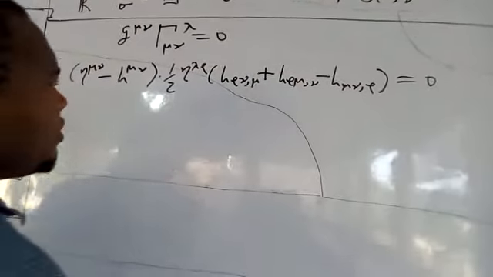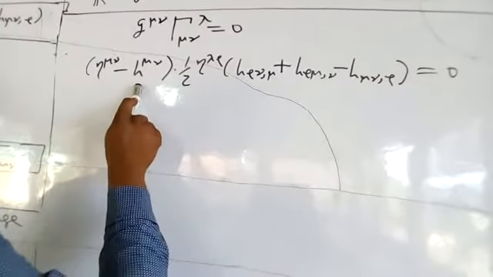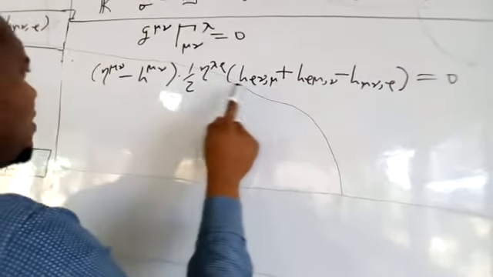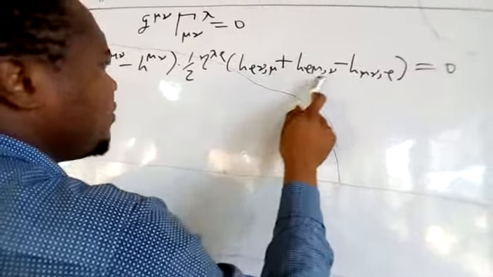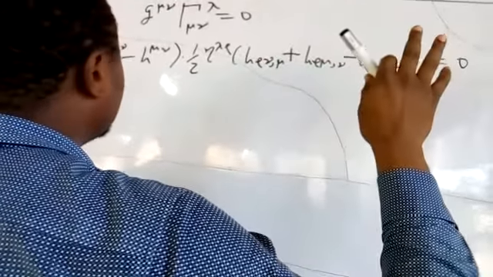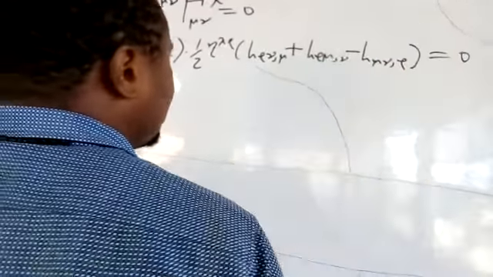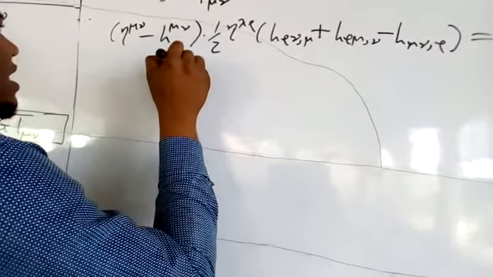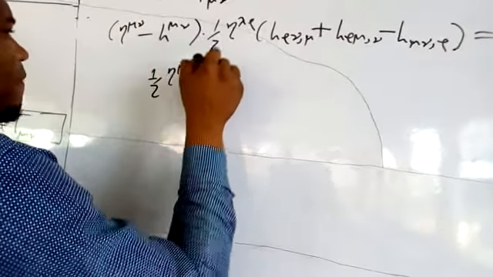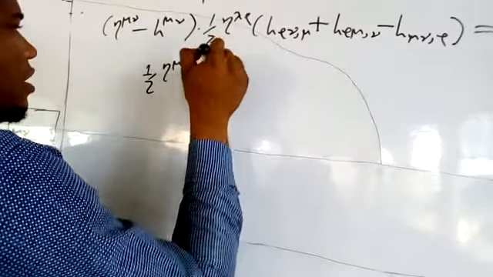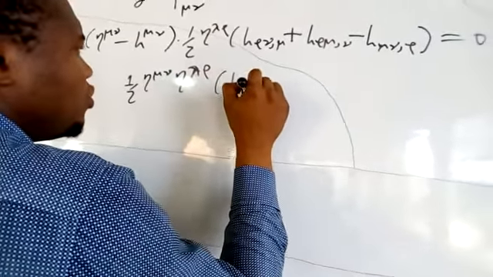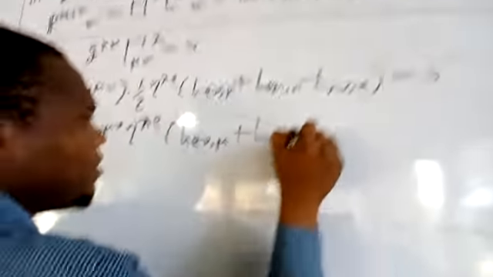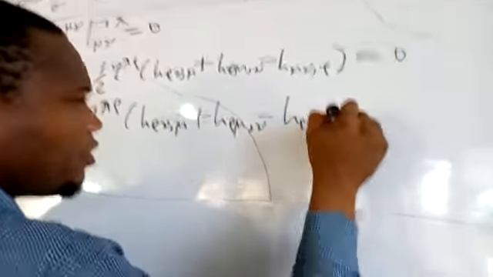Well, we are not going to bother ourselves with every term obtained with the multiplication of this. If we expand this, this will be h multiplying its derivative of h all through. All those will be order of h squared, and all that will be negligible. So what we have in essence here is 1 over 2 eta mu nu lambda rho multiplying h rho nu comma nu plus h rho nu comma nu minus h mu nu comma rho.